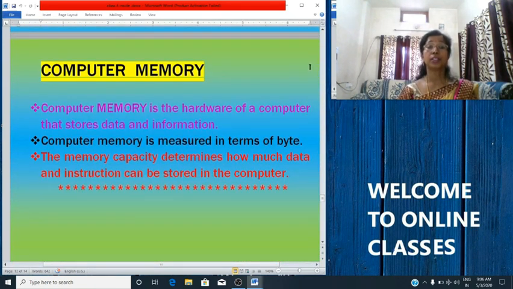Computer memory is the hardware of a computer that stores data and information. Computer memory is measured in terms of byte. The memory capacity determines how much data and instructions can be stored in the computer.